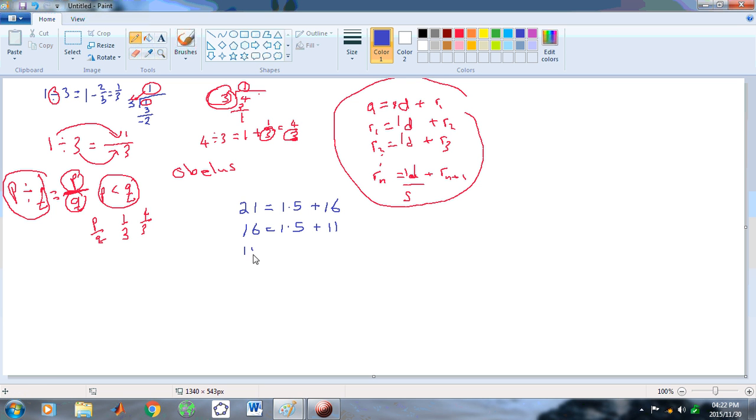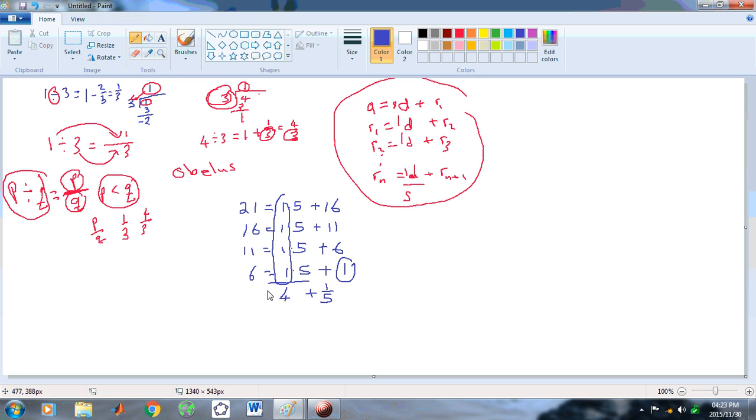And again we'll subtract another 5, and the remainder will be 6. And we'll subtract another 5, and the remainder will be 1. And you can see here that these partial quotients give you 4, right? And of course there's 1 left, 1 divided by 5, so it's 4 plus 1 divided by 5.